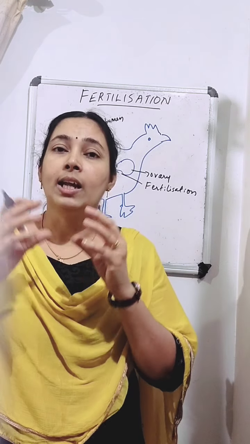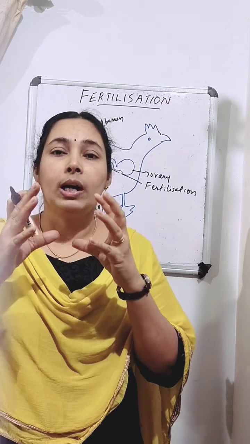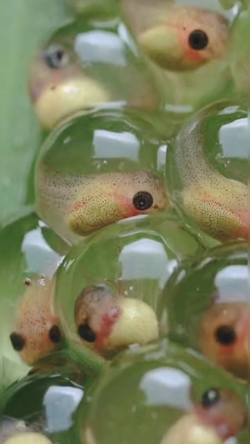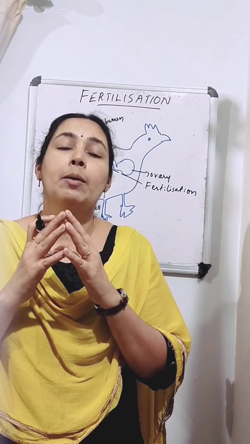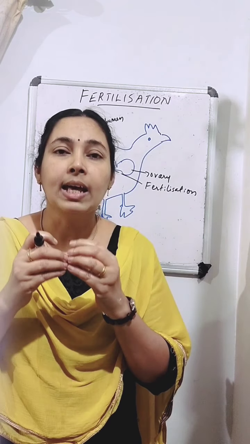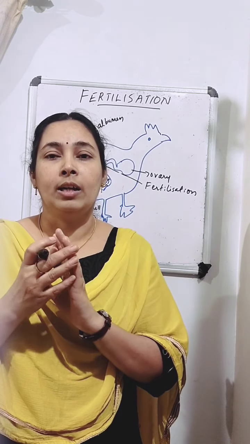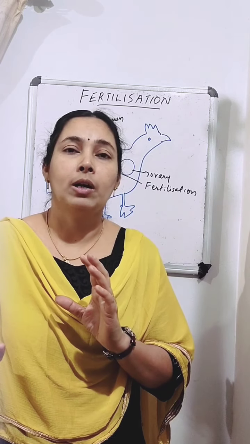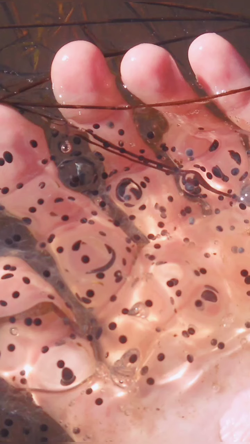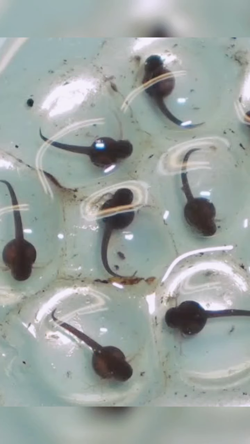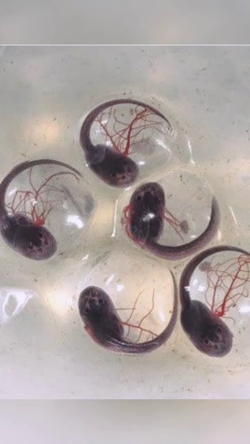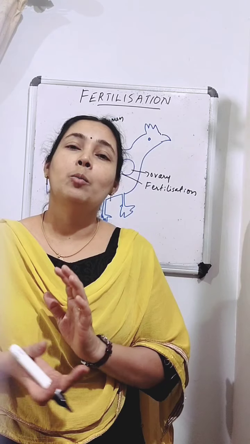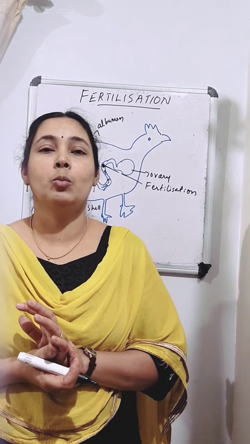Inside that, the embryo will begin to develop. And after the embryos develop, the eggs hatch out. In the case of frog, tadpoles come out. And you must have seen tadpoles swimming in ponds.